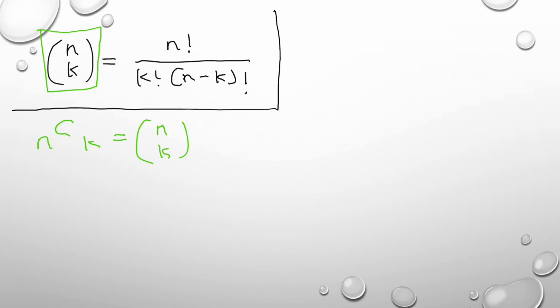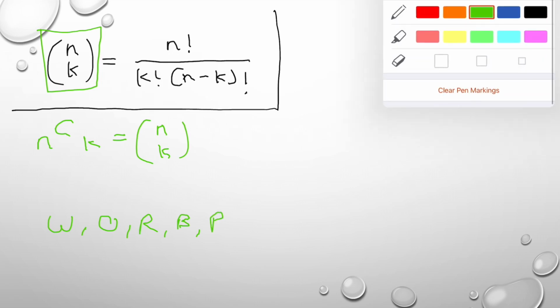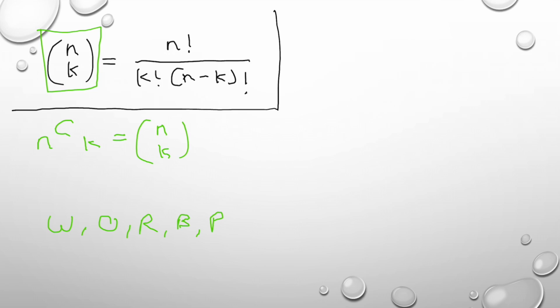For instance, if I have 5 toys, one is white in color, another is orange, another is red, a blue one, and a pink one. Then in how many different ways can I choose my toys? I could select these three: white, orange, and red. I could select these three: red, blue, and pink.